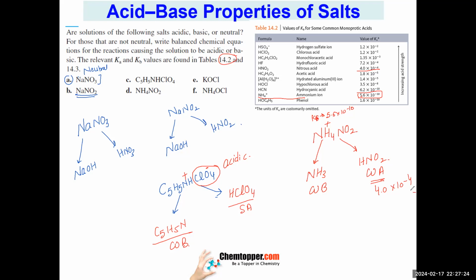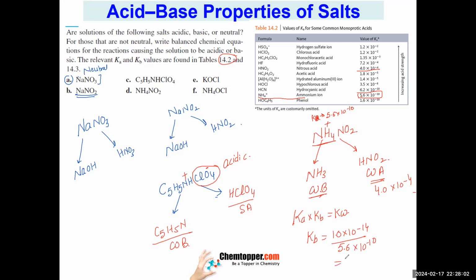Now this question is slightly tricky here. They have given the Ka of this ammonium. You work out the Kb of the base. You remember Ka times Kb is Kw. So what is Kb for ammonia? It is 1.0 times 10 raised to power minus 14, divided by the Ka for ammonium, 5.6 times 10 raised to a minus 10.